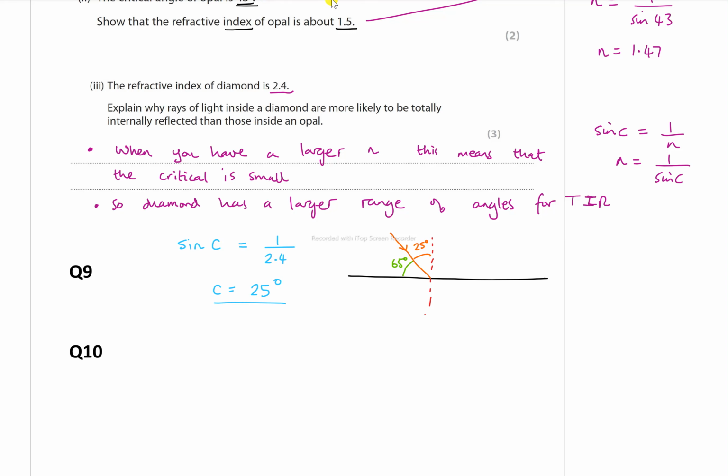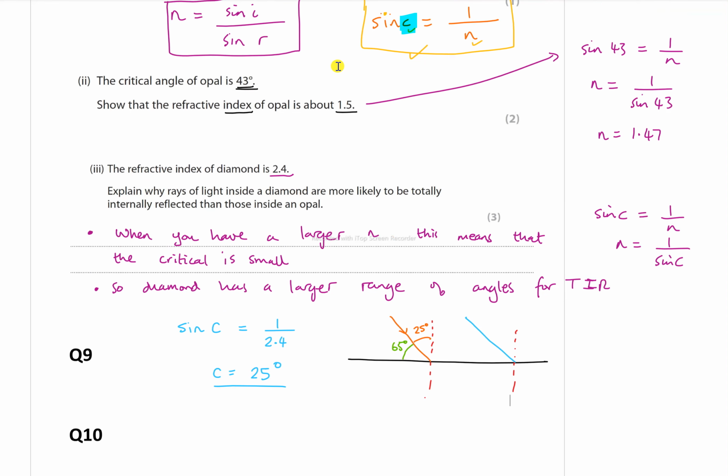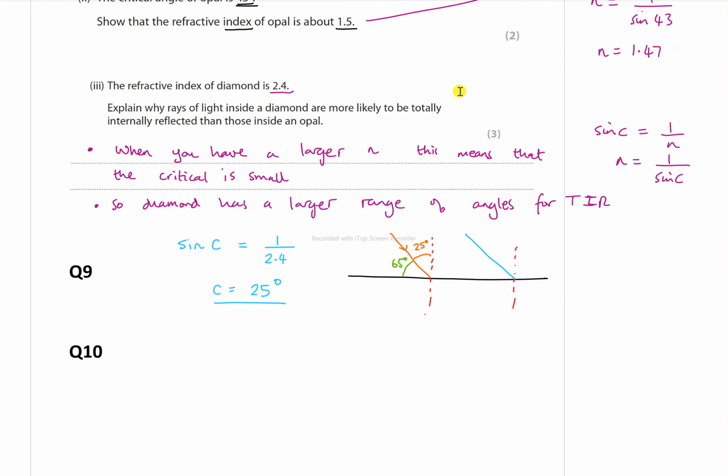Now let's do the same thing with opal. There's the normal. The angle is 43 degrees, so this will be 47 degrees.